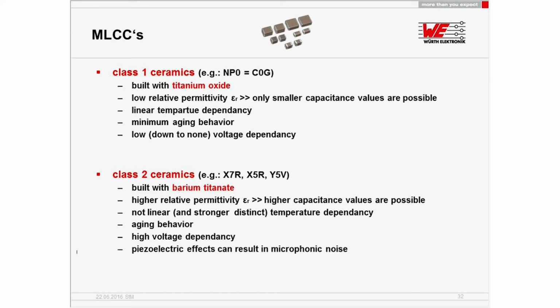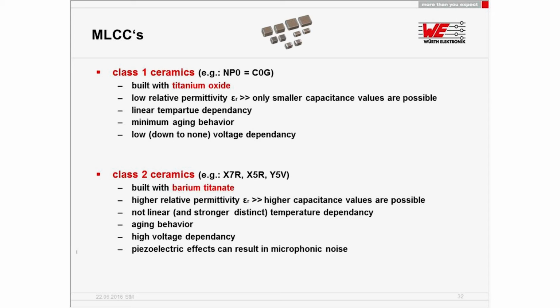But the issue is bigger if you get frequencies in the audible range. Then you can also get microphonic noise, and it could be that you have a buzzing on the MLCC. This is really a problem if you have it after an IC, and there are some audible spikes. It could be problematic that it also results in some noise on the MLCC, and it's quite tricky to get this away.